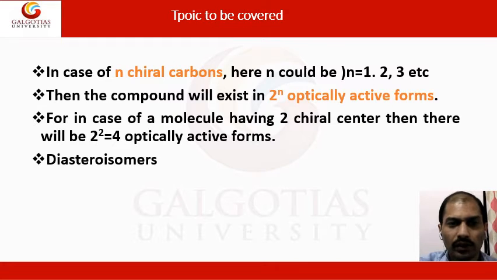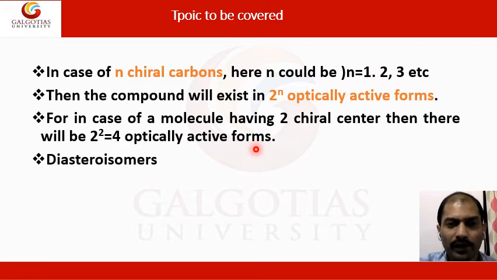If you see the overview of this overall discussion, here we will see the case of n chiral carbons, where n could be 1, 2 or 3 chiral centers. Then the compound will exist in 2 raised to the power n optically active forms. In a simpler way, we will see how many optically active forms there are.